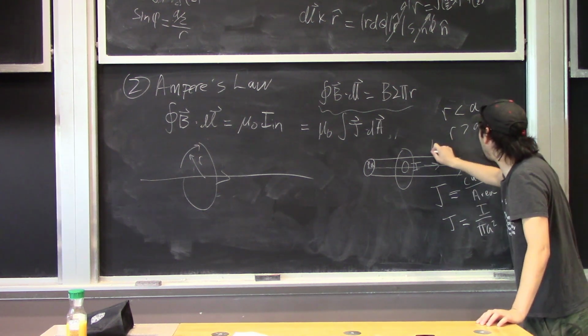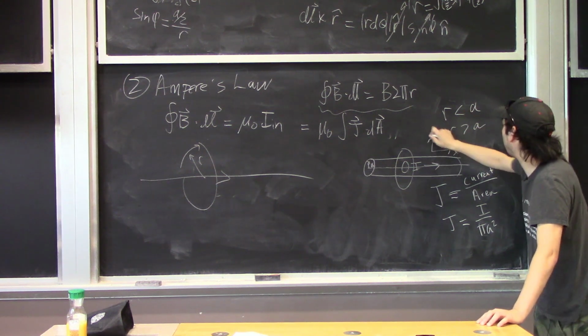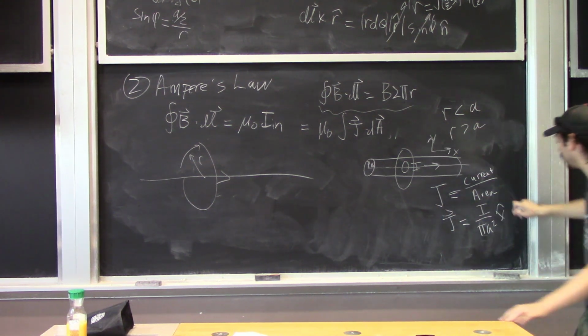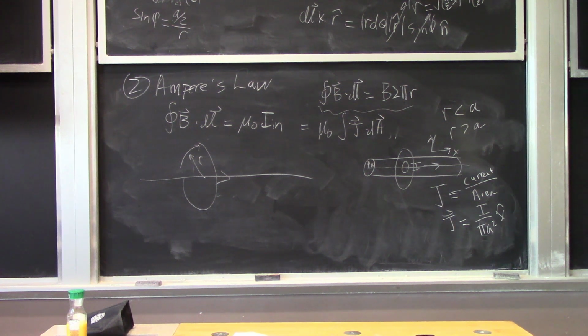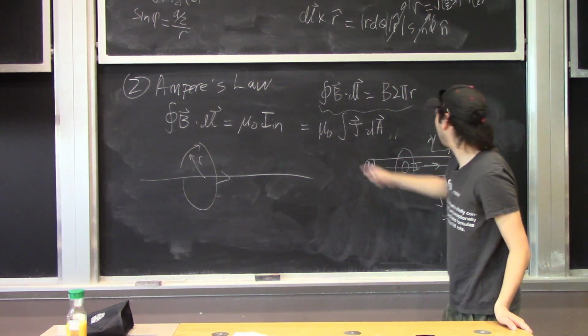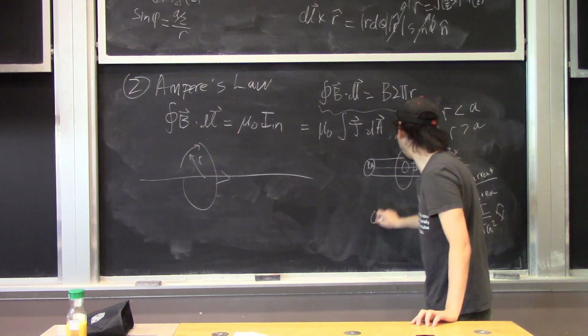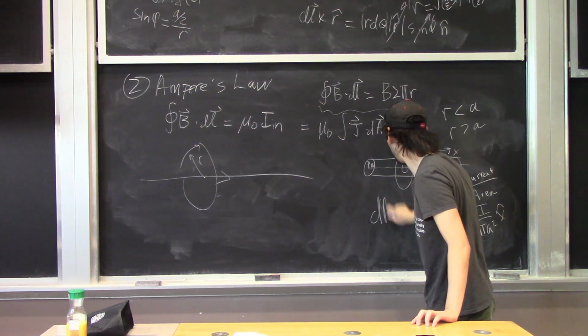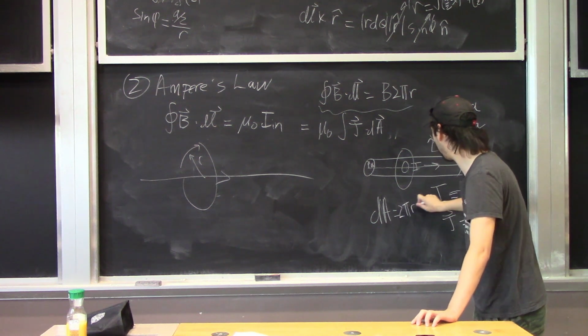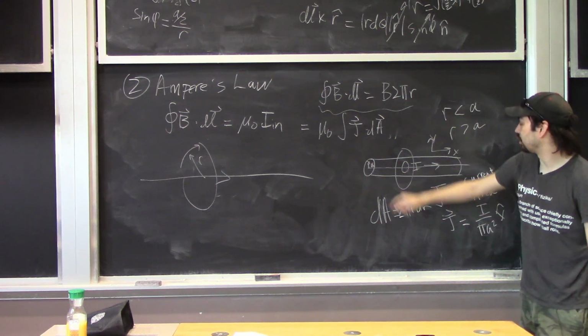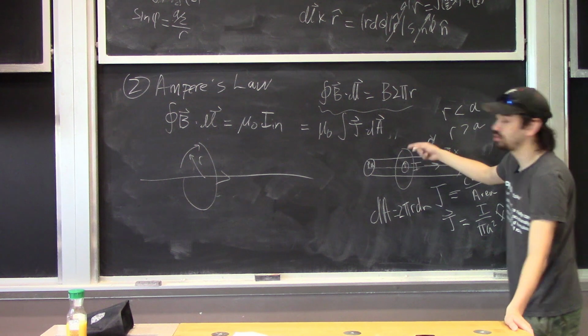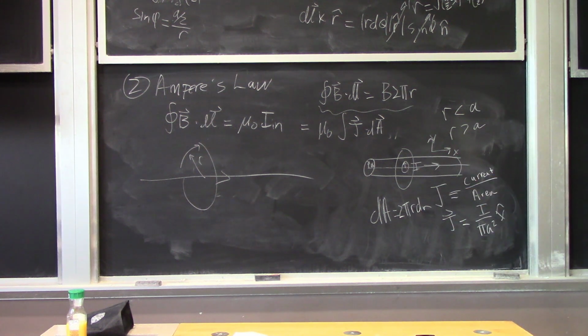And I can give this some direction. If this is the x hat direction, then this is going to go like this, okay? And so from this, we can calculate what the current that passes through this is. If we say that dA is going to be equal to 2 pi r dr, and our limits of integration in this case would go from 0 to r.